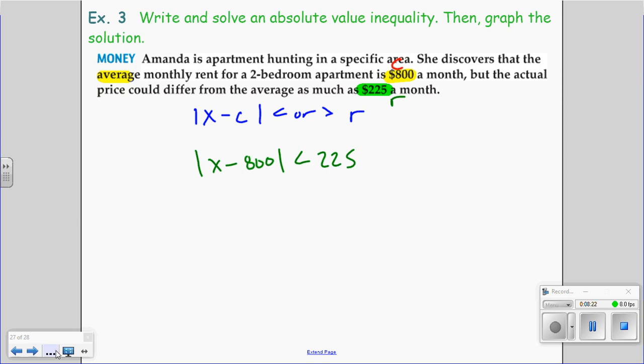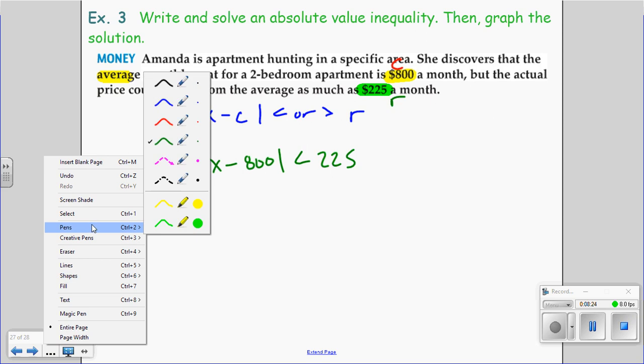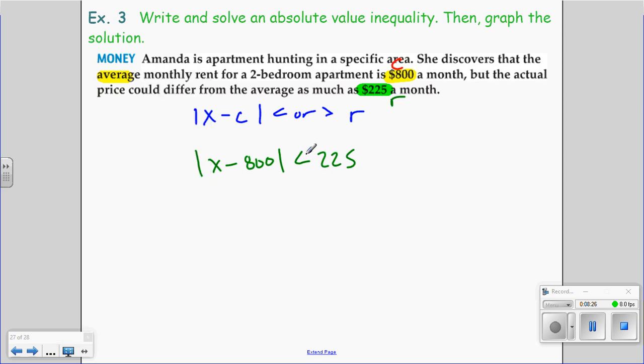Now we're going to solve it. And again, to solve it, when it is less than, that means it's a between version. So we're going to write negative 225 less than x minus 800 less than positive 225.